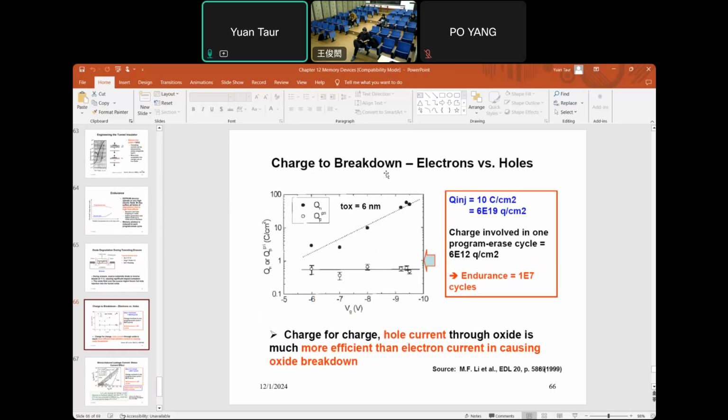Charge to breakdown. Okay, so this is again like the wear out of the oxide.